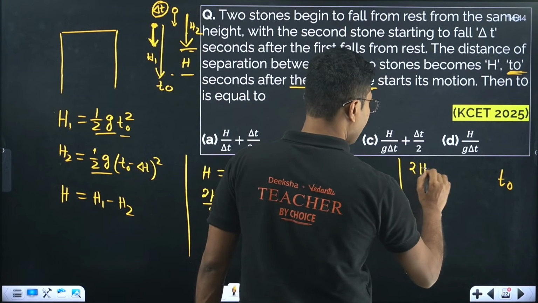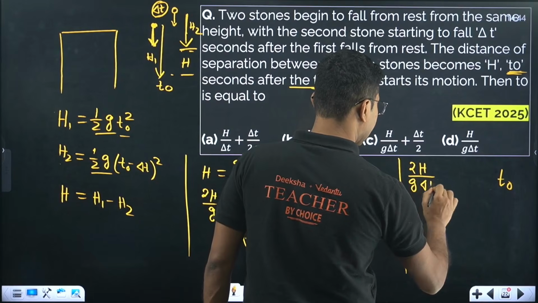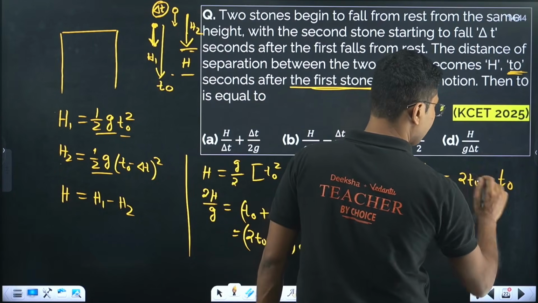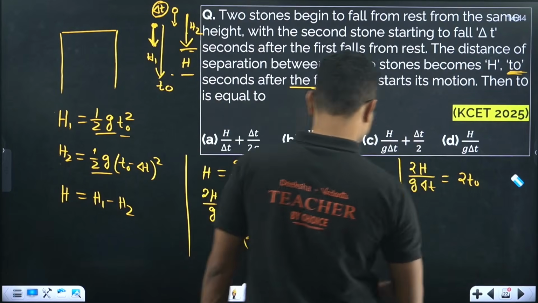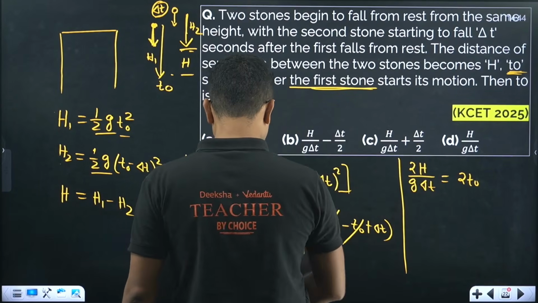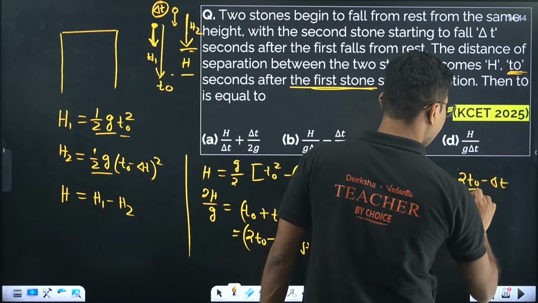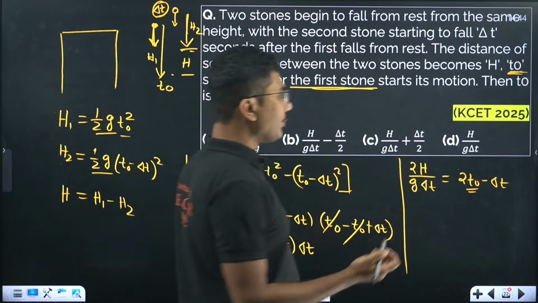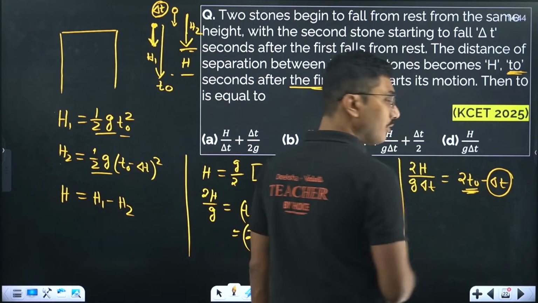Or you can write this as 2H by g into 1 by Δt equals 2 t naught minus Δt. Now obviously t naught is much larger than Δt, which is a very small time, so you can ignore this Δt with respect to t naught.